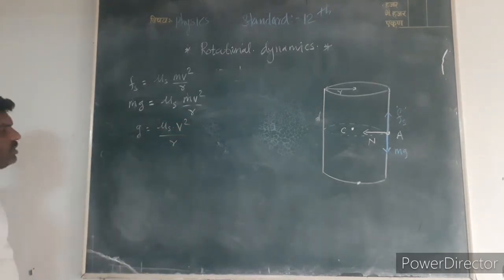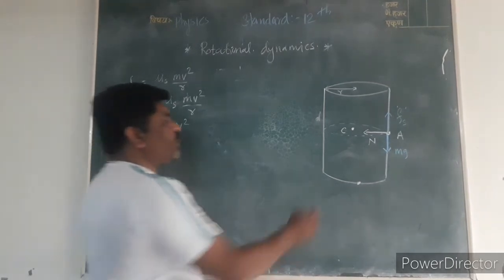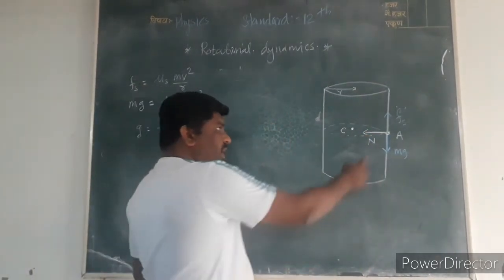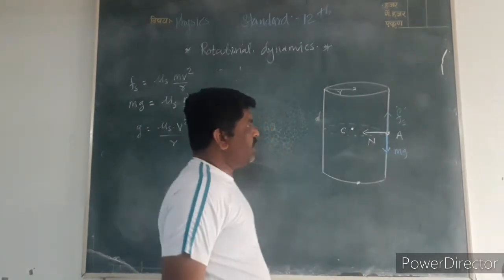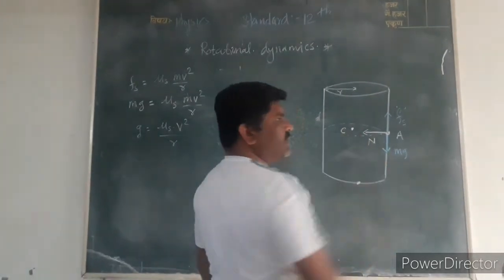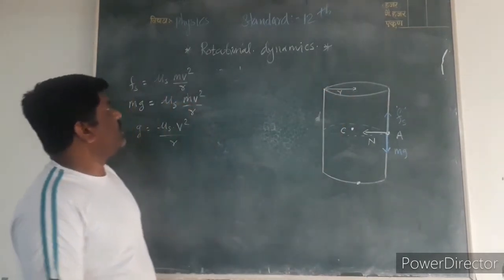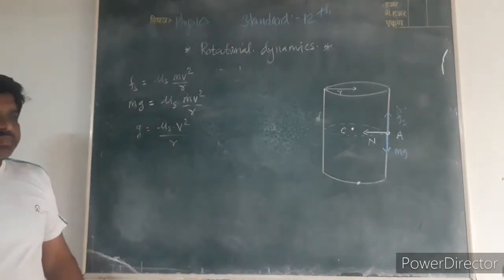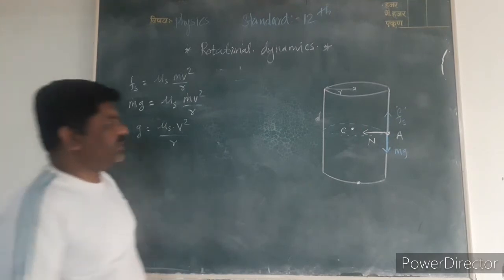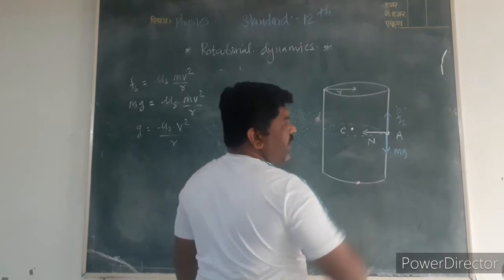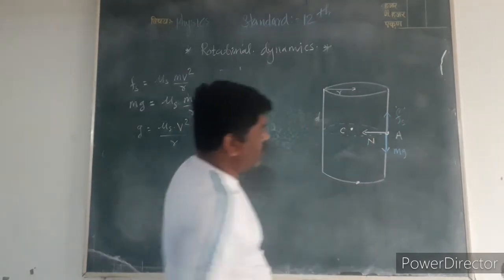Now you find out which speed or which velocity of that vehicle. This vehicle moves in a circular orbit inside this cylindrical wall or wall of death from bottom point to top point or top point to bottom point.